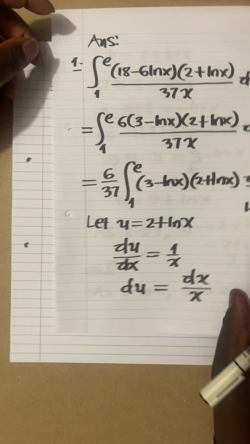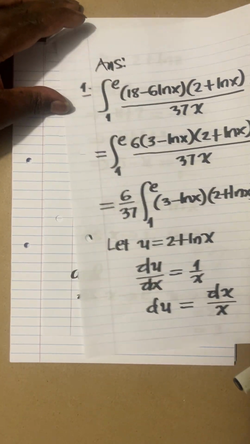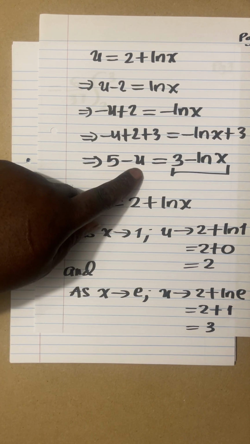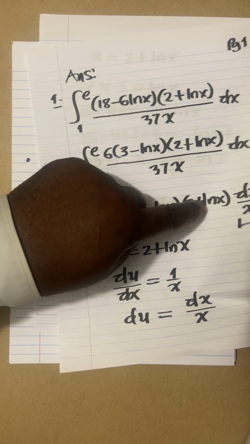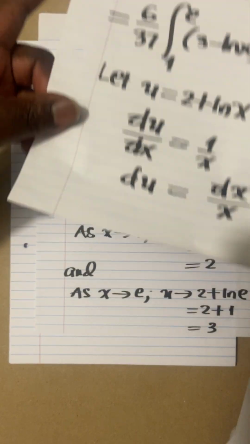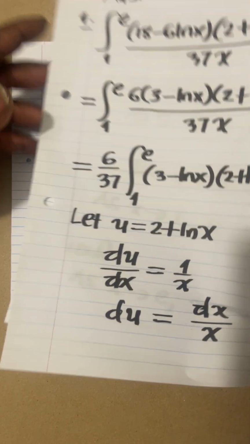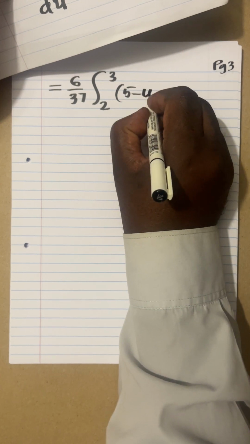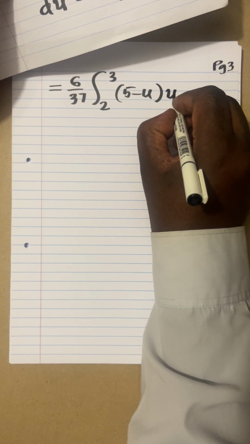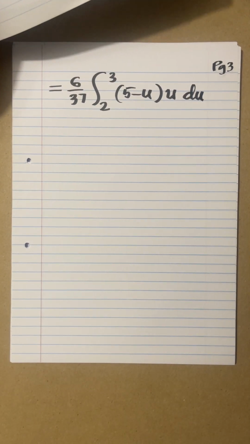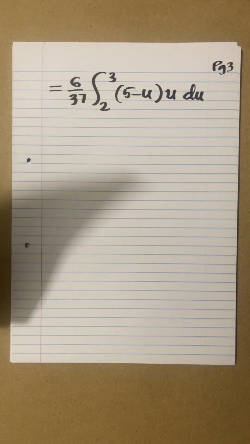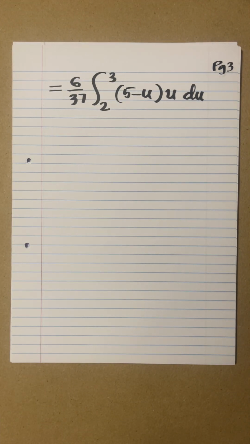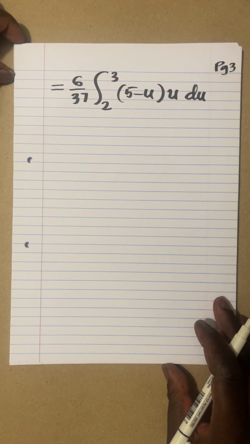And the first part here must be replaced by this expression, 5 minus u, and that part there must be replaced by u. So now I have 5 minus u, and then du. So this is 5 minus u, and then times u, and then I have du. Now you see how we've managed to get rid of the natural log, and we have a wonderful integral to deal with. Now let's carry on.